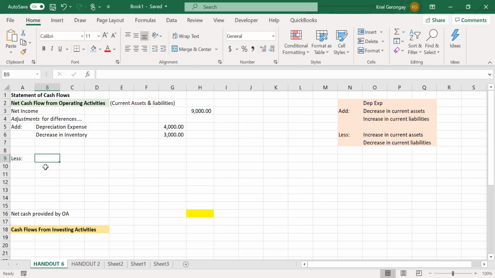And looking at unearned rent, it says here that your unearned rent increased by 1,000. So that means we kept more money.